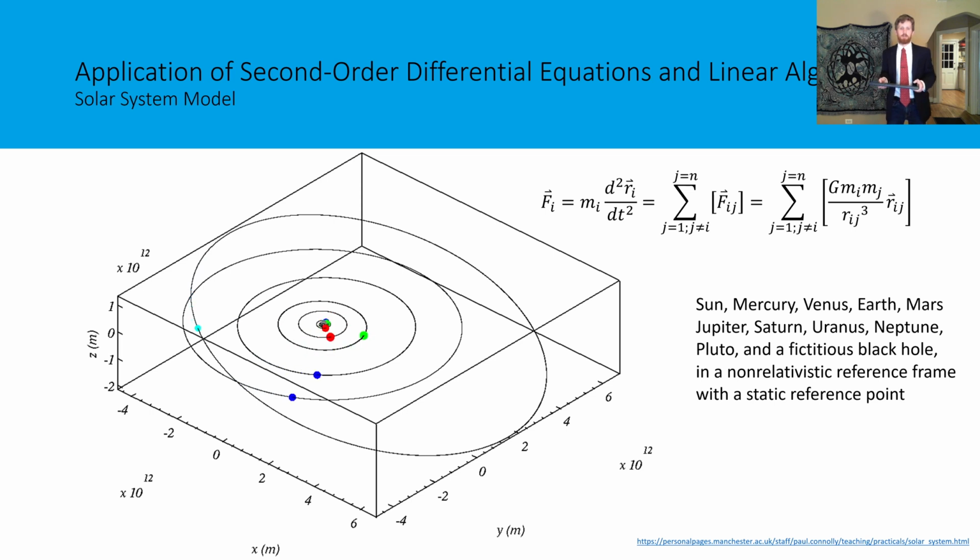Let's consider Neptune, which is the outermost dark blue orbiting body. So i references Neptune. So the net vector force on Neptune equals, by Newton's second law of motion, the mass of Neptune times the vector acceleration of Neptune. And the vector acceleration of Neptune is the second derivative of the vector position of Neptune.